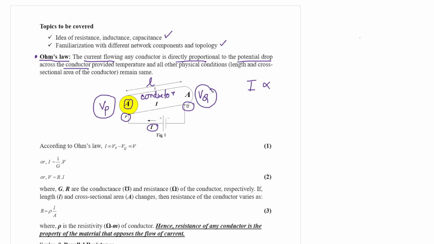So the potential drop or potential difference is basically Vp minus Vq. So Ohm's law states that current flowing through any conductor is directly proportional to the potential drop across the conductor. Potential drop, that means potential difference, that means Vp minus Vq.